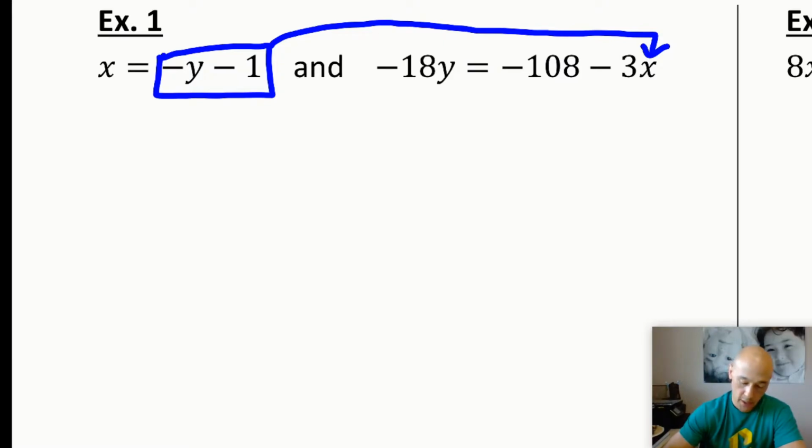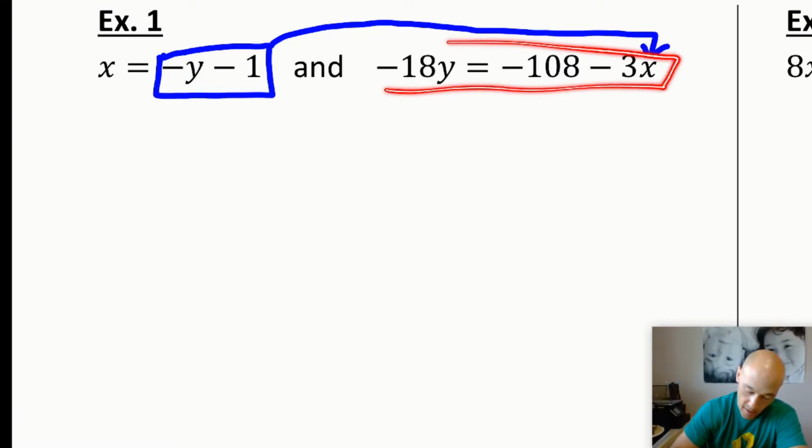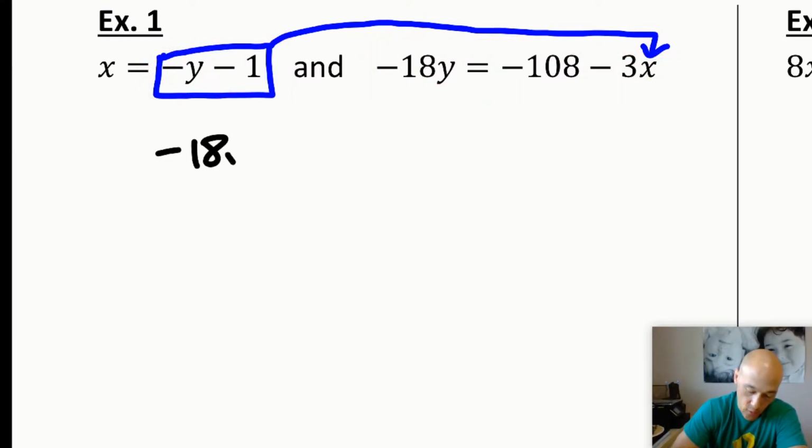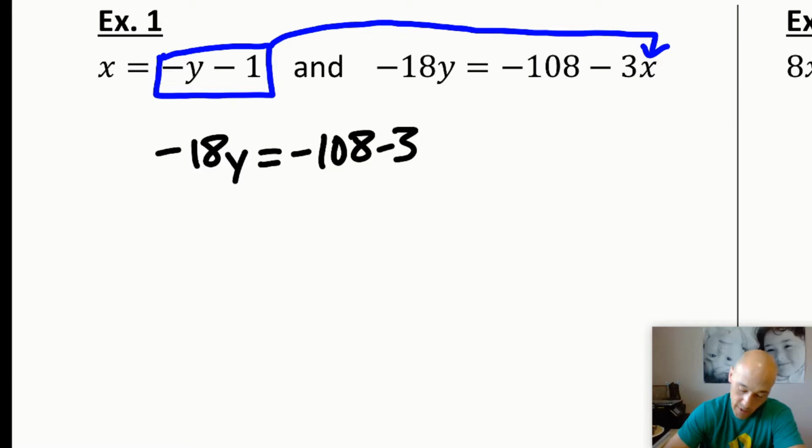So in this situation, we'll take this equation right here, and we're going to write it out, but instead of x, we're going to replace it with negative y minus 1. So we'll have negative 18y is equal to negative 108 minus 3 times the quantity negative y minus 1.